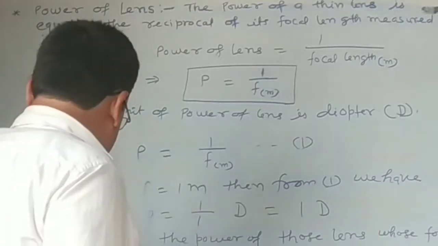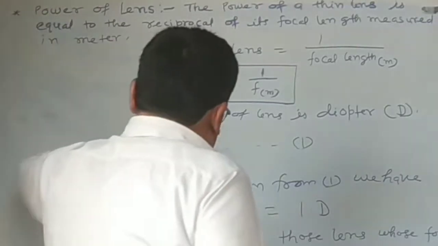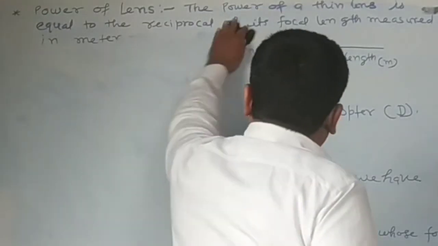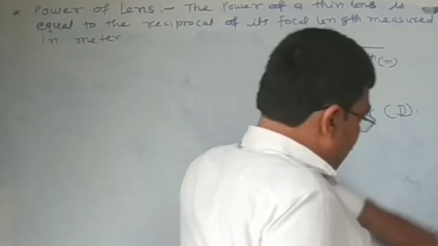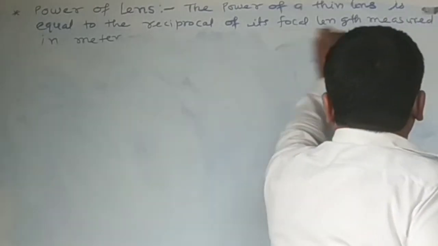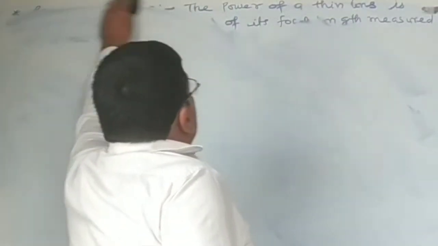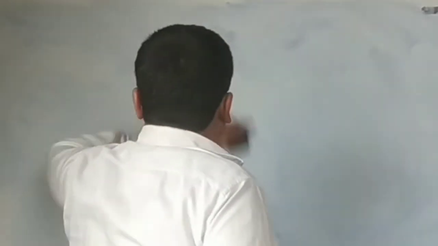Now we think about the power of 2 or more lenses which are in contacted position. When 2 or more thin lenses are in contacted position to each other, then what will be the power of the combination?